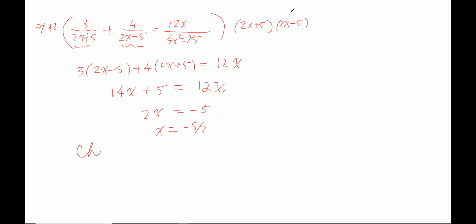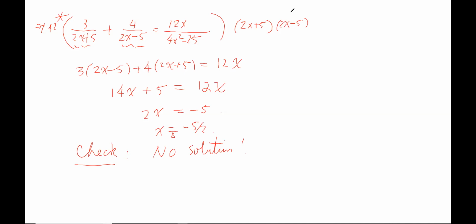You have to check the solution in the denominator. And when you check, you see that it would make the denominator equal to 0. So there's no solution, okay? So I changed the problem a little bit so that the question becomes interesting, yes? All right, so these are equations involving fractions.